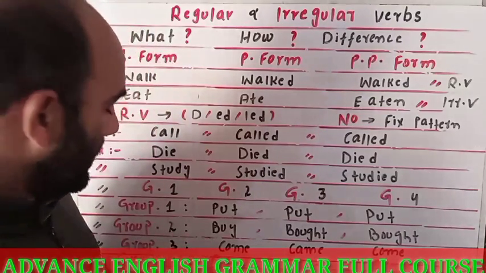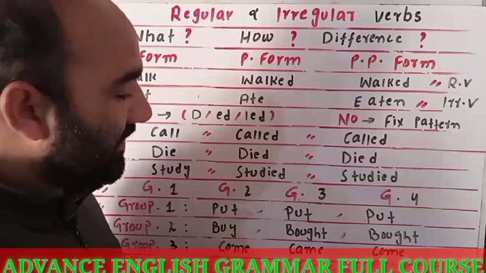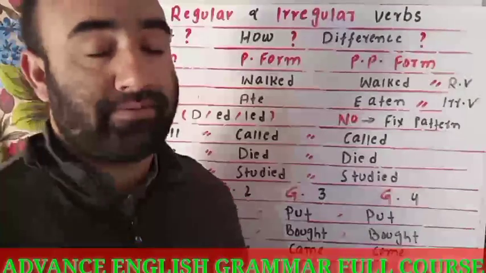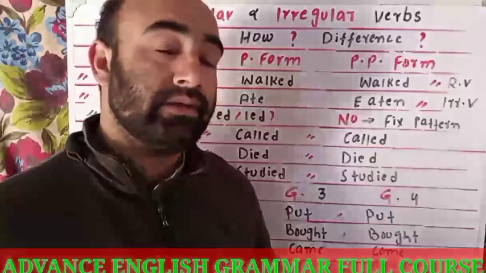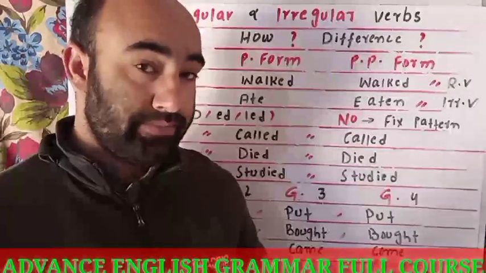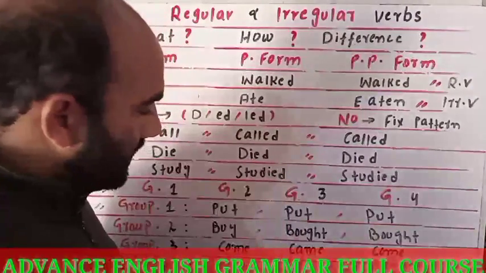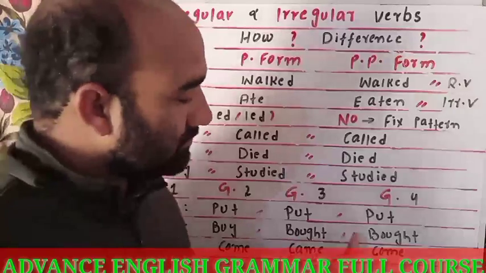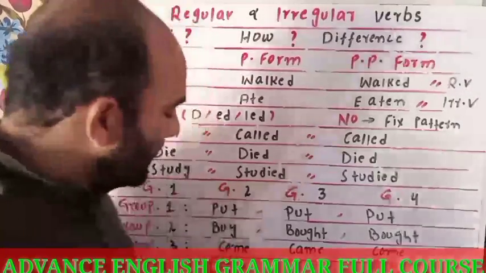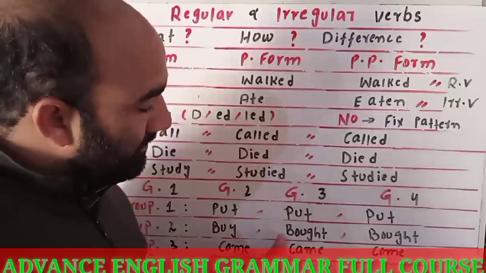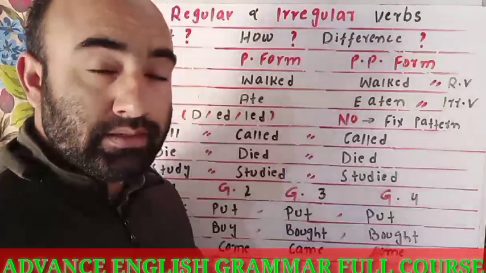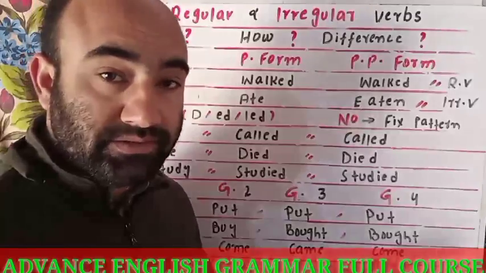In Group 3, the first form of the verb and the third form of the verb, it means the base form and the past participle form, will be the same. For example, come, came, come. You can see come matches the past participle form of the verb.